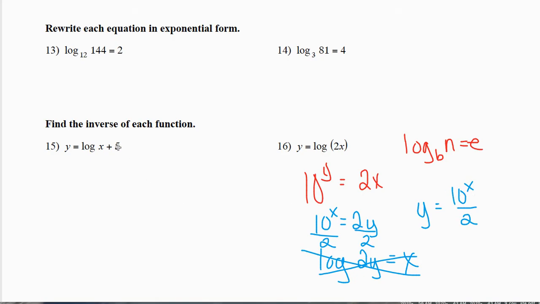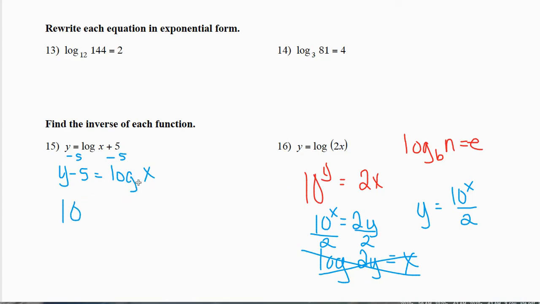Okay, so again, we get the log on one side by itself. So I'm going to move minus 5 to the other side. So we have y minus 5 is equal to the log of x. I then put it into exponential form.